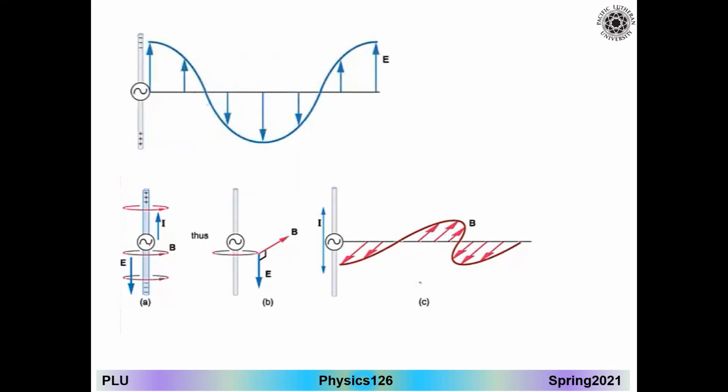Since the current is AC, it oscillates, so the magnetic field direction changes, pointing right or left. If you combine those two images together, that's how the electromagnetic field is created.